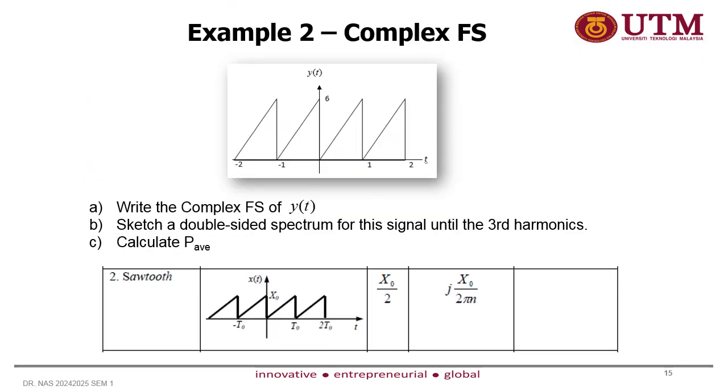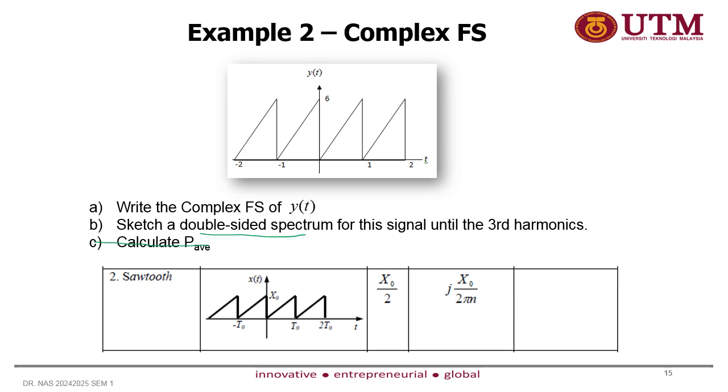So you are given the signals, then you need to write down the complex exponential Fourier series equation of y(t) and sketch the double-sided spectrum. Ignore question C for a while, we're going to discuss this in the next session.